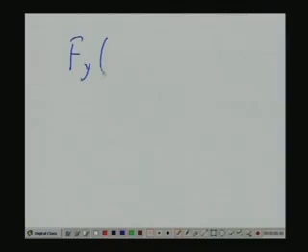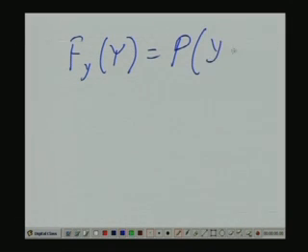Now, how do we find the probability distribution of the function y? For that, let us consider what is meant by F_y(Y). It is nothing but the probability of the event y less than or equal to Y, where capital Y is some given number.